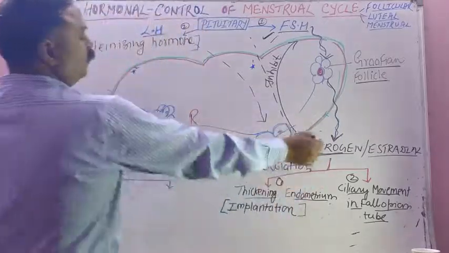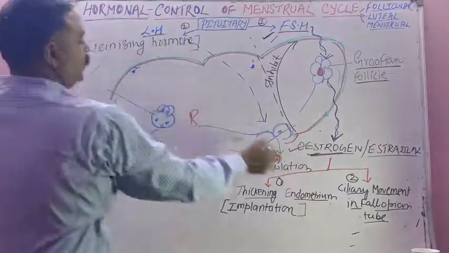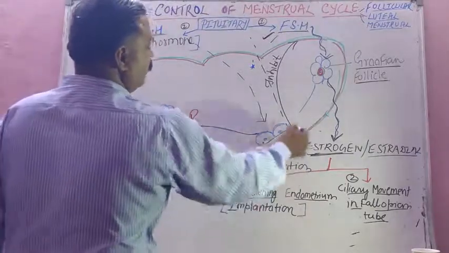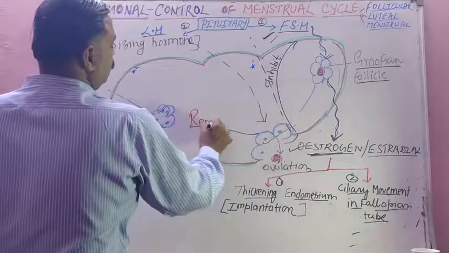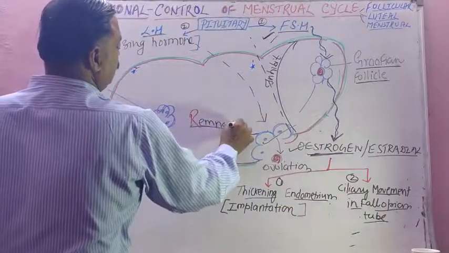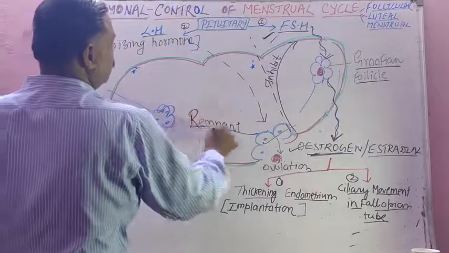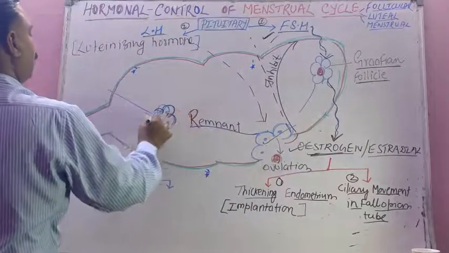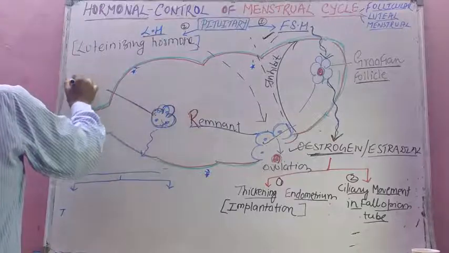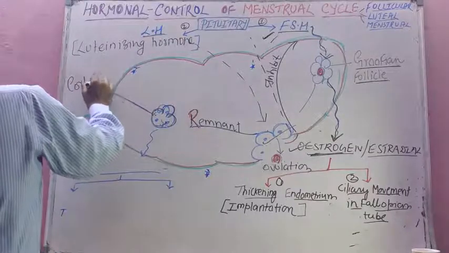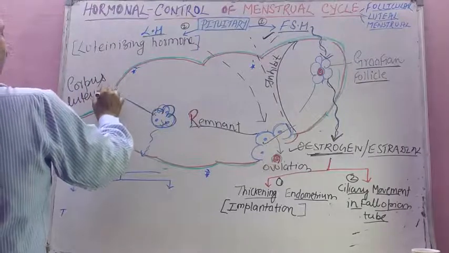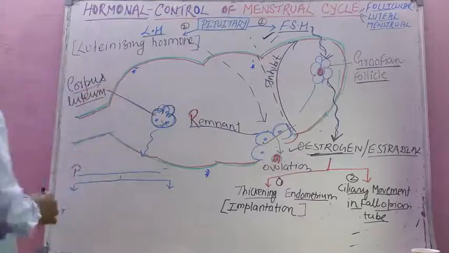Luteinizing hormone brings about ovulation, and the ovum is out now, and the remnant mass of cells that remains after rupturing becomes a yellow ball of cells called the corpus luteum. Corpus means body, luteum means yellow, so yellow body.